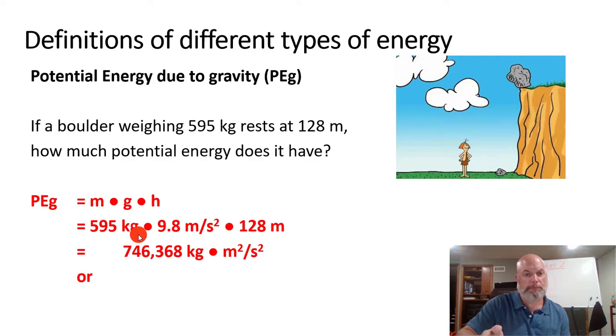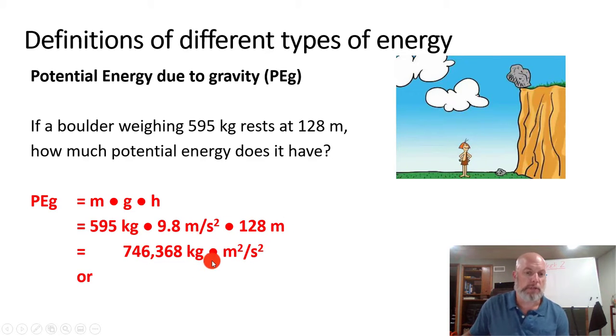Students always ask about units, and generally speaking, I always say, you can figure them out. The units are whatever was in the problem, and there they are. So if you were just doing this, the kilogram doesn't get erased. The meters per second squared doesn't get erased, and the meter doesn't get erased.